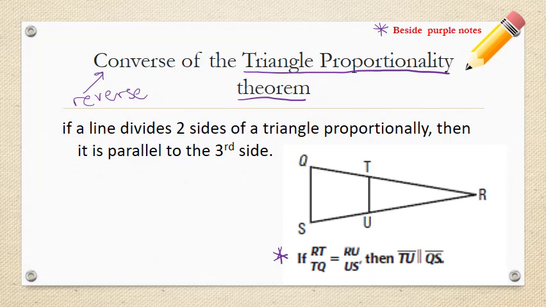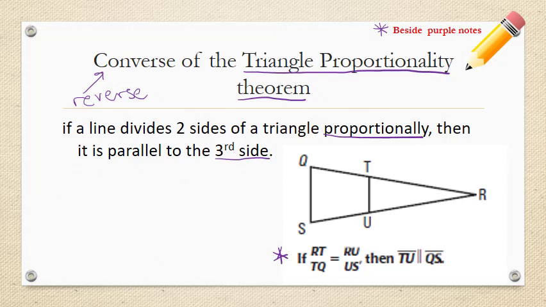We're saying if a line divides two sides of a triangle proportionally, then it is parallel to the third side. So if we're saying TU divides two sides of the triangle RTU proportionally, then it is parallel to the third side.